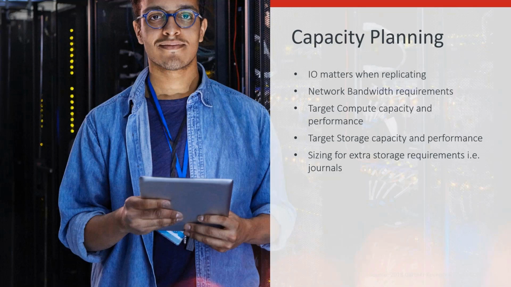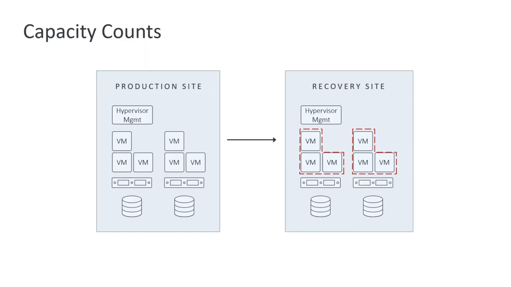So you have to keep in mind IOPS matters through the data pipe, the network pipe, how many systems are available to service these VMs or service the AIX or mainframe, the size of the storage requirements needed, and the performance requirements of that storage.